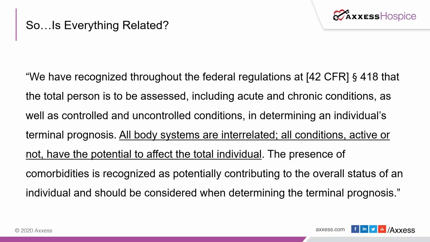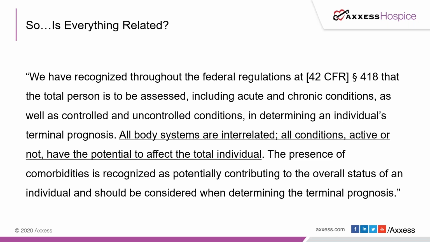So after saying all these things that I just said here, is everything related? I'm going back to that statement that CMS gave in response to the 2019 OIG report, and now I'm going to read it a little bit more slowly. We have recognized throughout the federal regulations that the total person is to be assessed, including acute and chronic conditions, as well as controlled and uncontrolled conditions, in determining an individual's terminal prognosis.